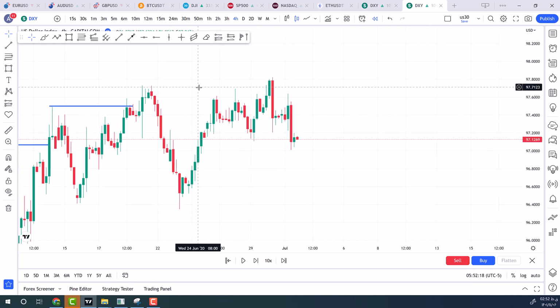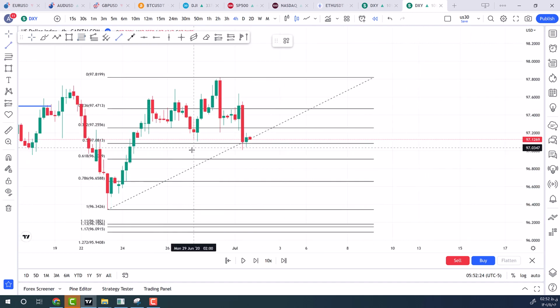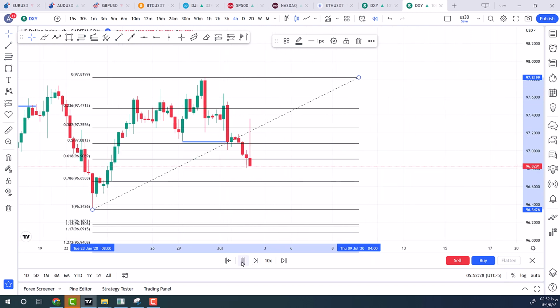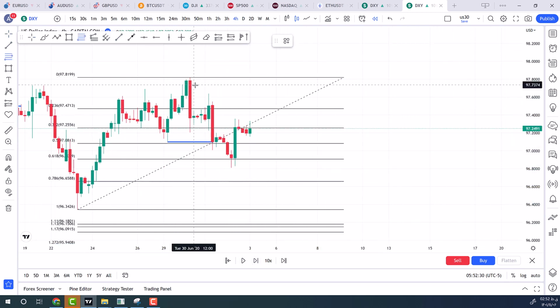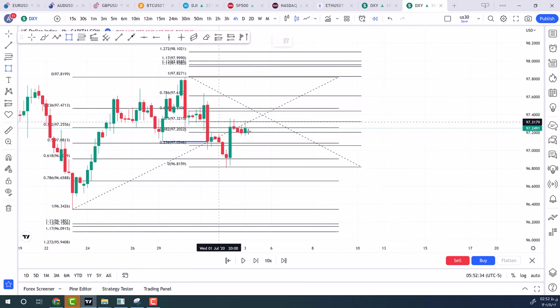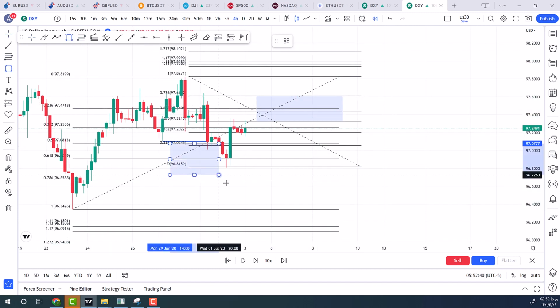The high is getting broken, and we have this level as well. And another important thing is this low is getting broken, so yes, we can use this level as well, and our zone is going to be here and here as well, right?